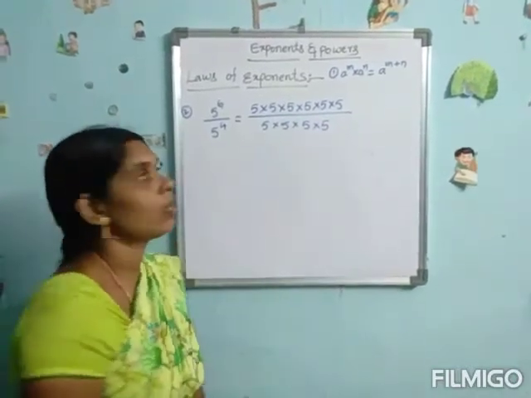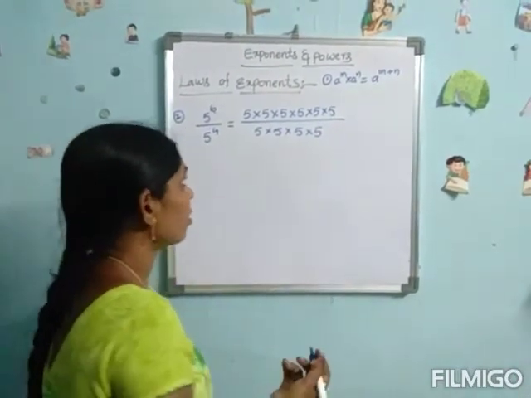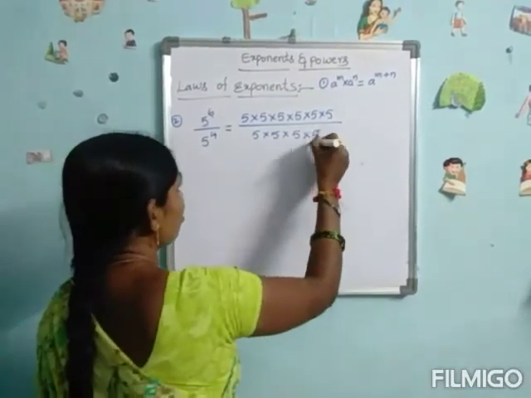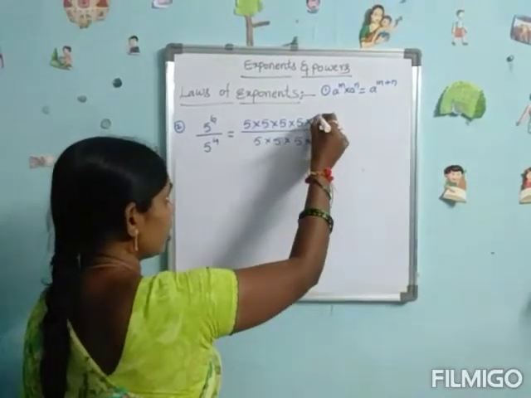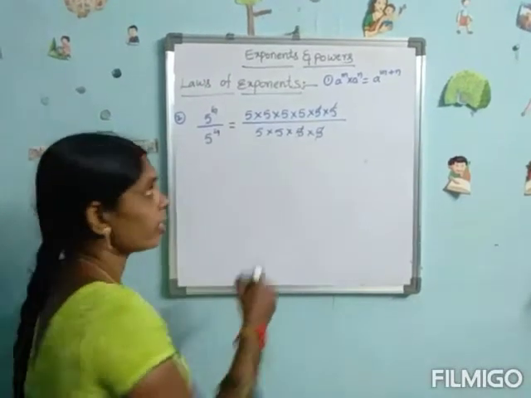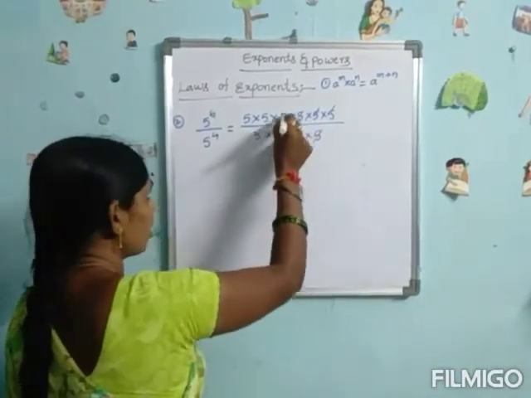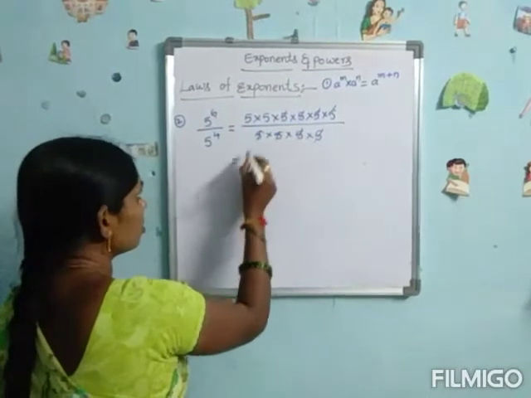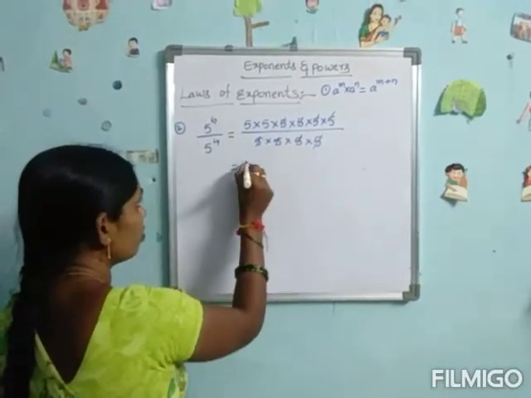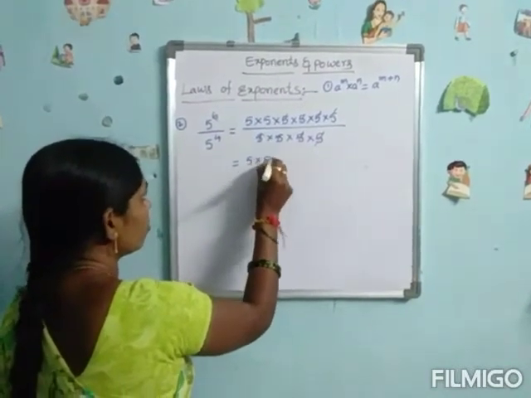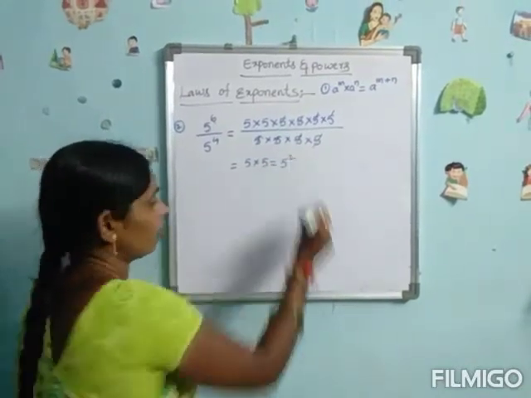Okay. So how can we simplify this one? The 5s get cancelled in the numerator and denominator, and here also 5, 5, 5, 5. So at last what we got here is only 5 into 5, that means 5 to the power of 2.